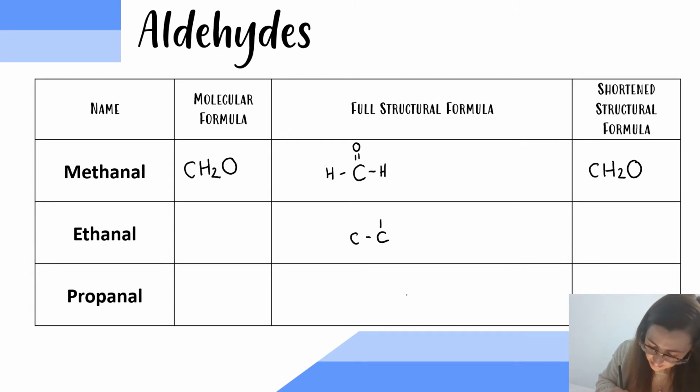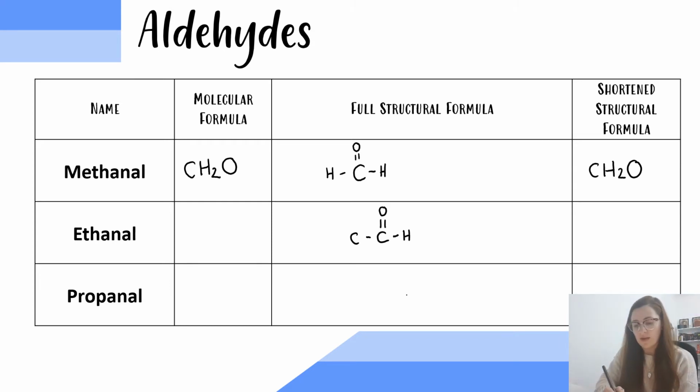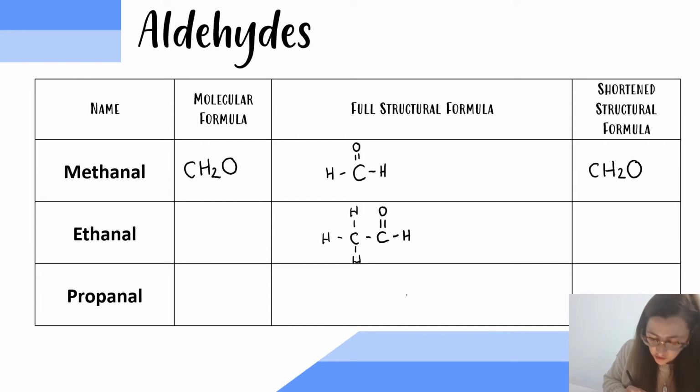For ethanal, ethanal is 2 carbons, so we have 2 carbons. It's an aldehyde, so our carbonyl functional group has to be at the end of the chain. So the carbonyl functional group is attached to a carbon at one side and a hydrogen at the other. And we can fill in the rest of the hydrogens so that all of our carbons have 4 bonds. So this is the structure of ethanal.